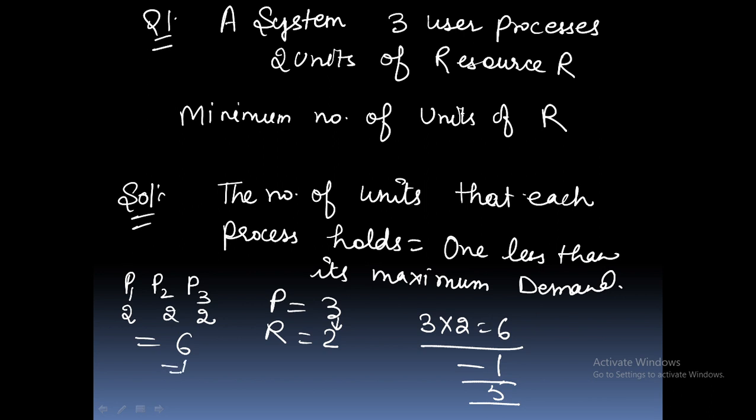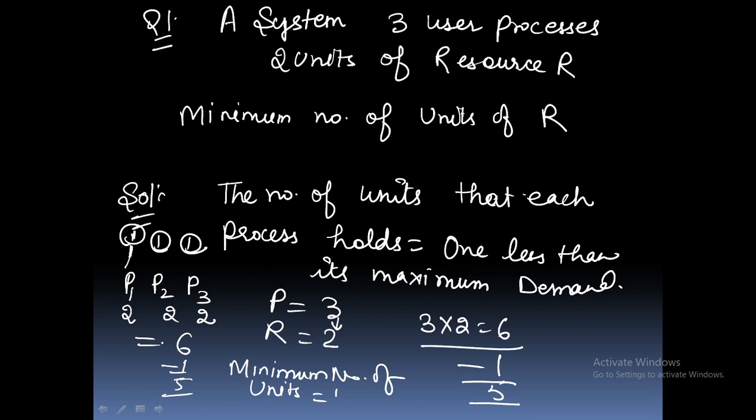The minimum number of units of resource is calculated from the total resources. Each requires 2, but each can hold 1 resource.